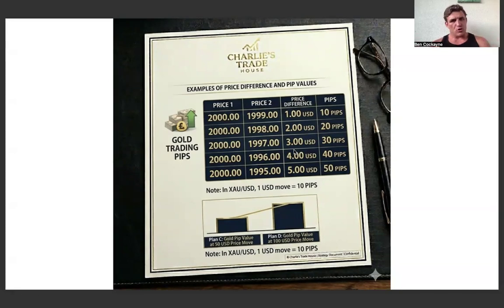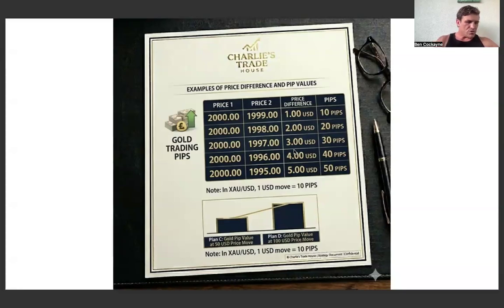So again, lot sizes at the moment, if you're brand new, you'll be unfamiliar with it. But if you open your MetaTrader 5 app now while I'm talking, let me talk myself through it while I'm doing it on my phone.